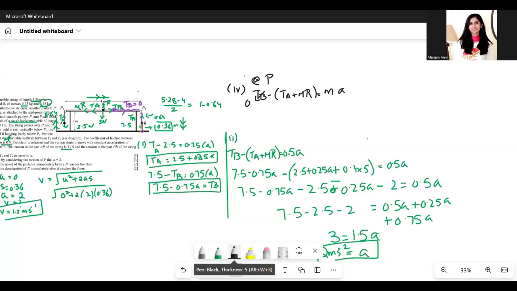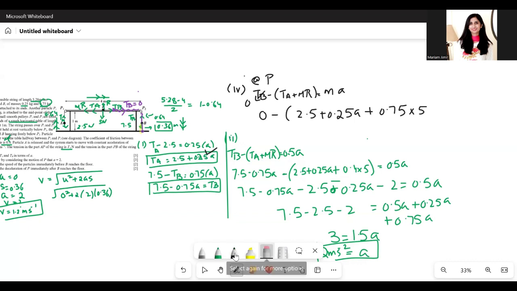So this will be 0 minus TA, which is 2.5 plus 0.25a, plus mu R. Mu was 0.4, sorry, not 0.75, and R is 5, equals Ma.